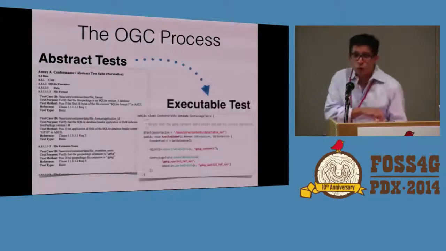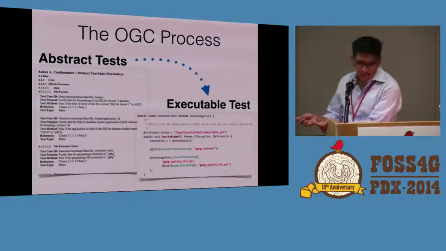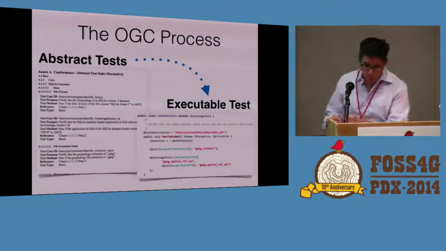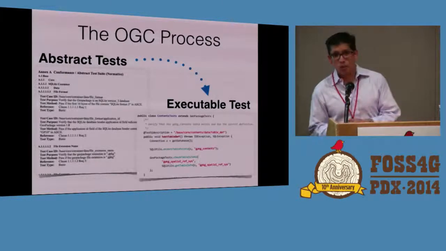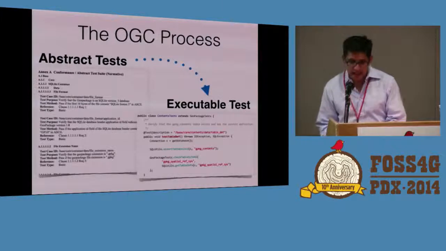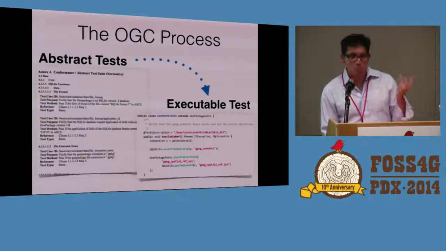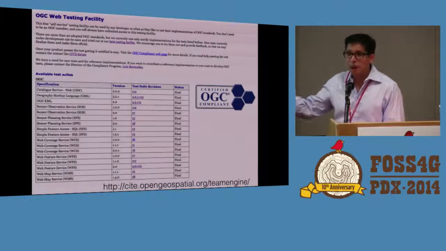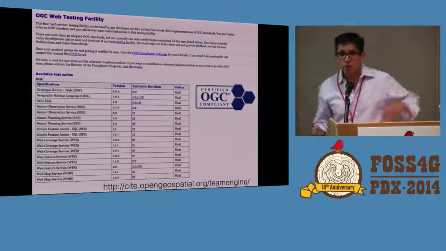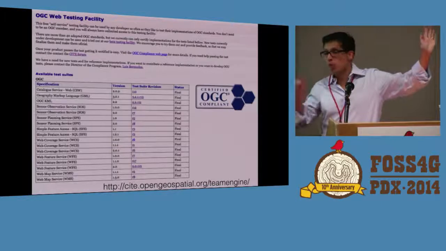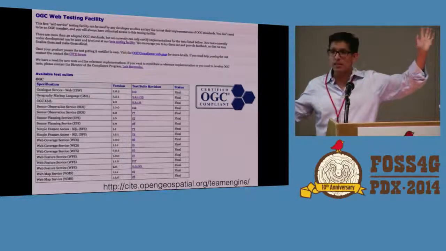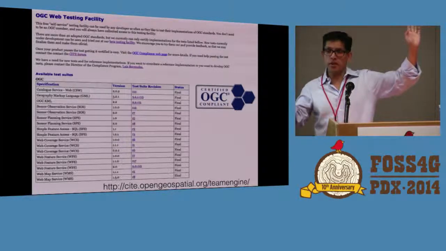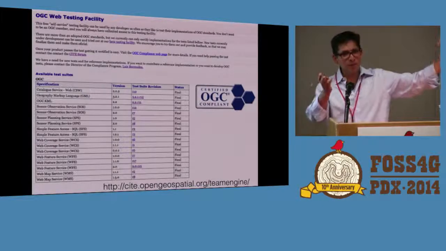We then want to create an executable test, which is an implementation. We do that using Java and TestNG, and when we have an executable test, we can put that test in the OGC testing facility. How many of you are aware of this testing facility, or not aware of it? Okay, very good. So I said something that was new for you.